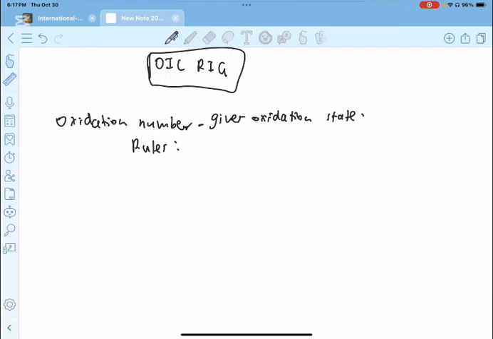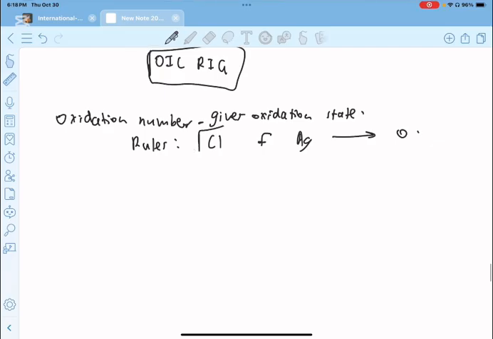The oxidation number of any element in the periodic table, so Cl or F or Ag, will all be equal to 0. Remember, it's just the element. If it's in a compound or an ionic substance, it changes.